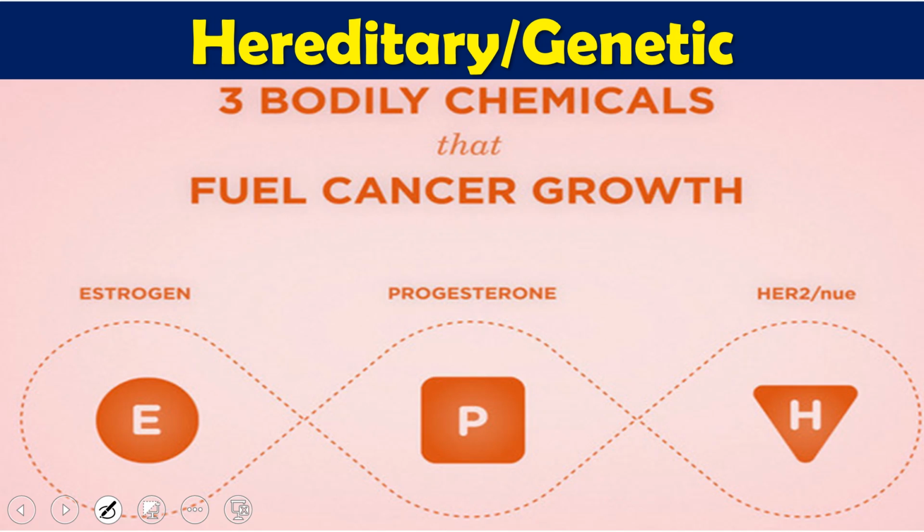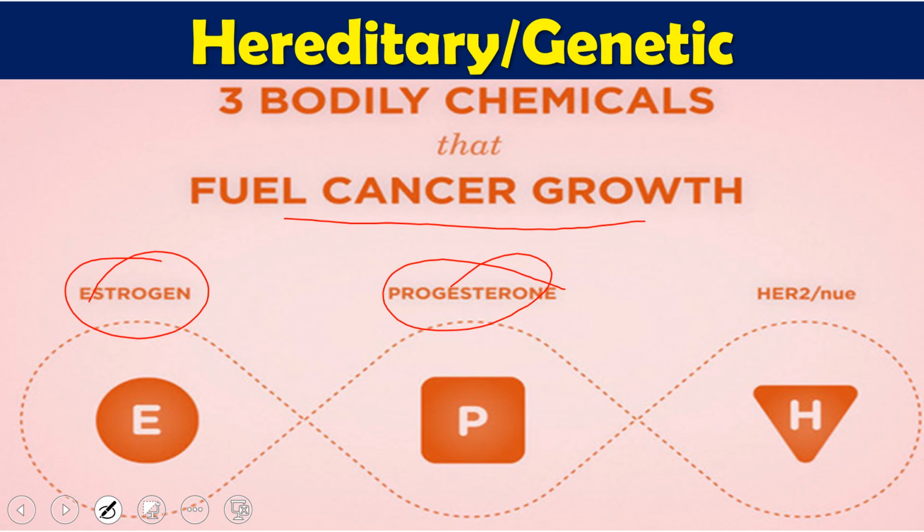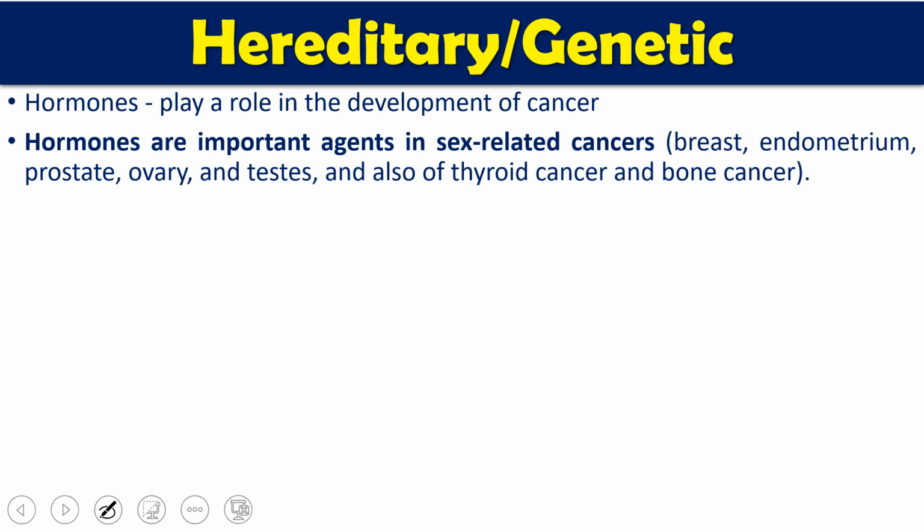Other than virus, there are some genetic factors, especially hormones. There are three important hormones, body chemicals, which work as a fuel for cancer growth. They are estrogens, progesterone, and HER2 genes. So if you see, hormones play an important role in the development of cancers. So hormones are important agents.